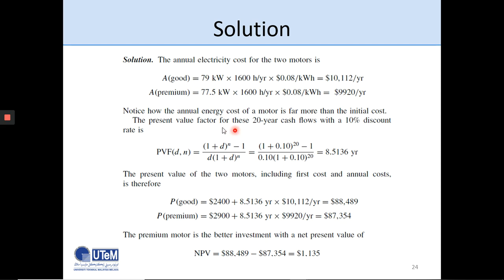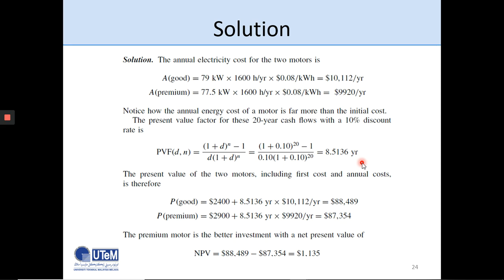Notice how the annual energy cost for a motor is far more than the initial cost. So now we calculate the present value function. We assume 20 years and a 10% discount rate. So we plug in the values and we get 8.5136 years.